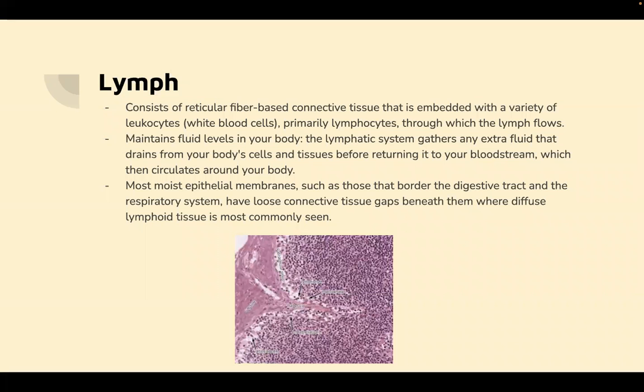And now finally, we're going to talk about the lymph. This is still in the category of the fluid connective tissue. Lymph originates from the interstitial fluid that surrounds tissue cells, and it transports fats and white blood cells throughout the body.